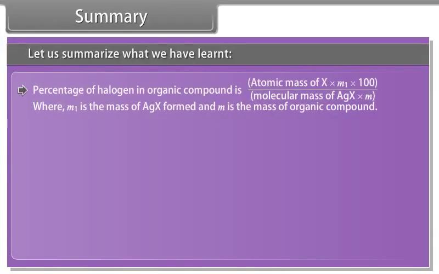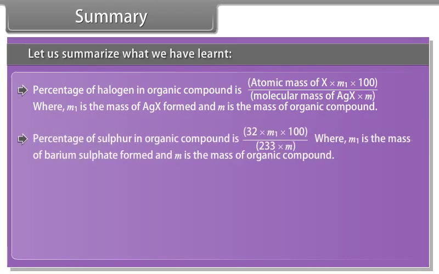Percentage of halogen in organic compound is atomic mass of X × M1 × 100 / (molecular mass of AgX × M), where M1 is the mass of AgX formed and M is the mass of organic compound. Percentage of sulfur in organic compound is 32 × M1 × 100 / (233 × M), where M1 is the mass of barium sulfate formed and M is the mass of organic compound.